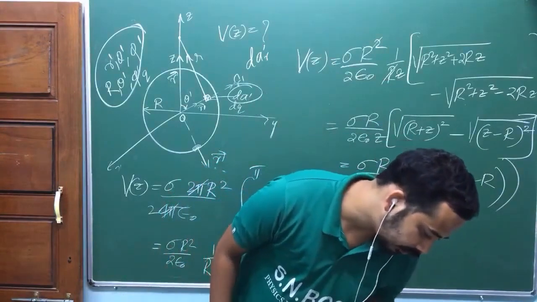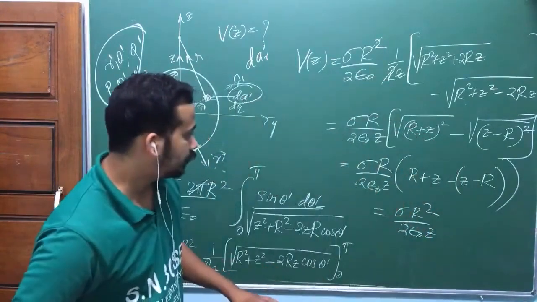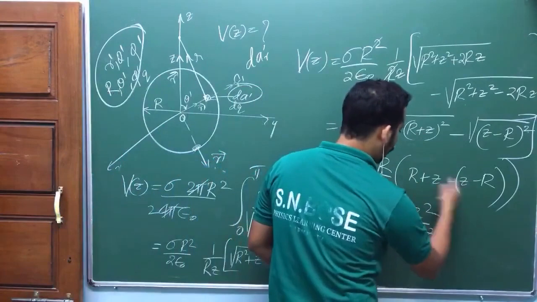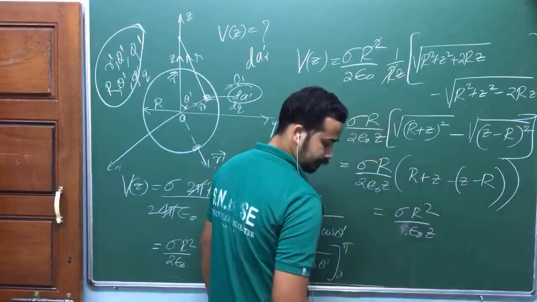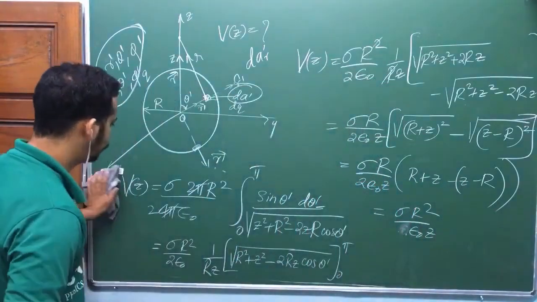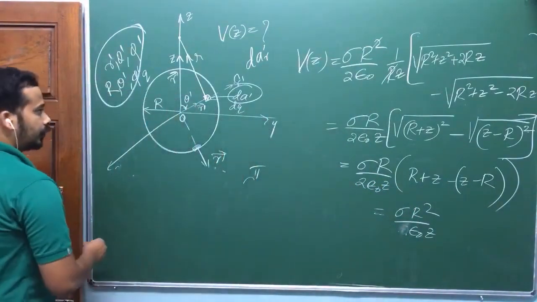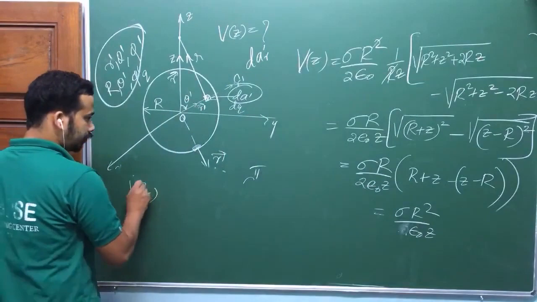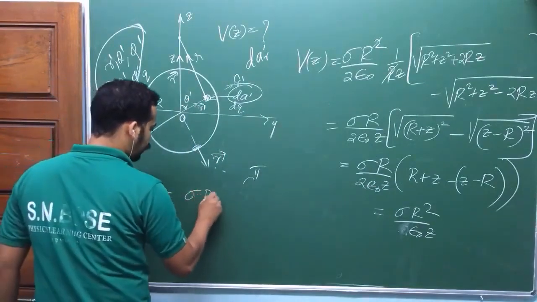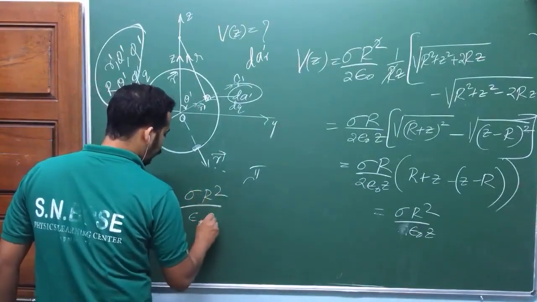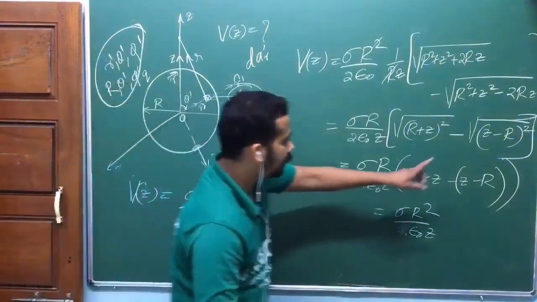Sigma r square divided by 2 epsilon naught into z. 2r will come, 2 will get cancelled. So potential at z is equal to sigma r square divided by epsilon naught into z. Are you grabbing my point?